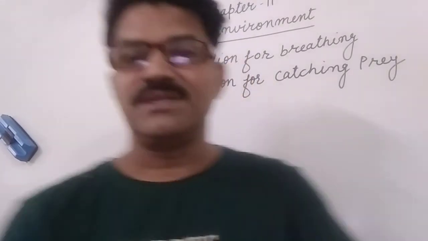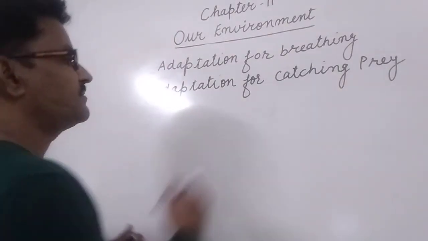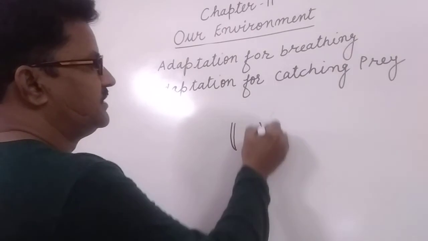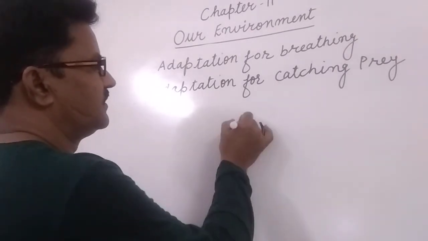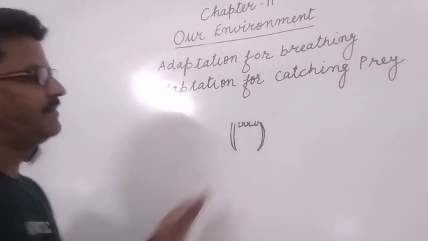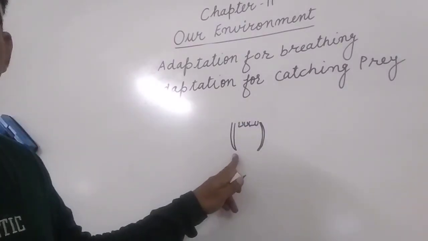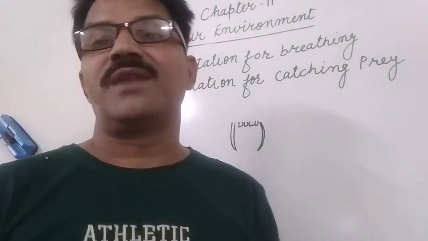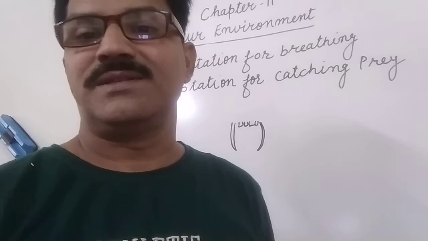I think you have seen a lion has sharp incisor teeth. Have you seen this? This is known as the canines. And what is the function of the canines? It tears the flesh of animals.